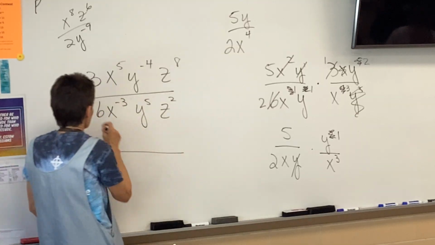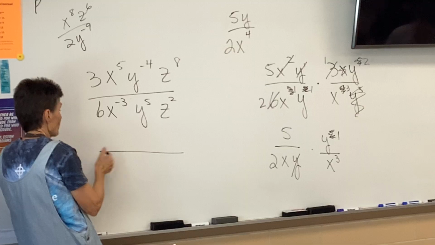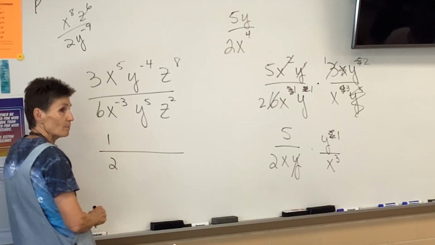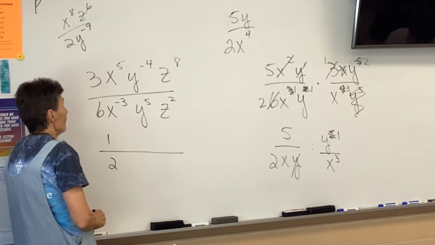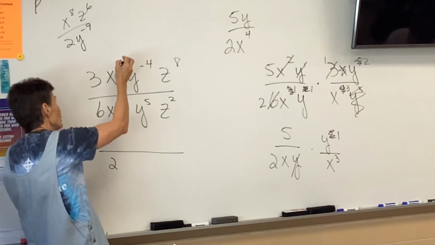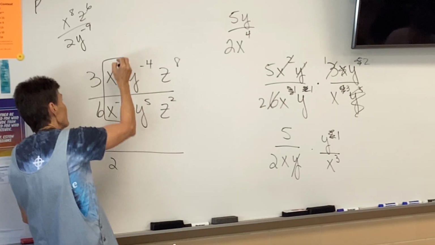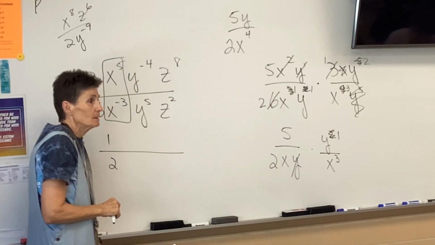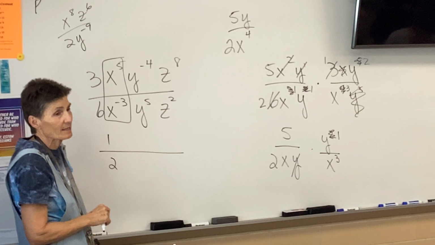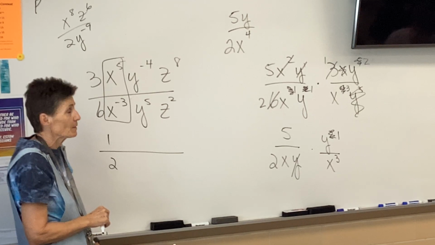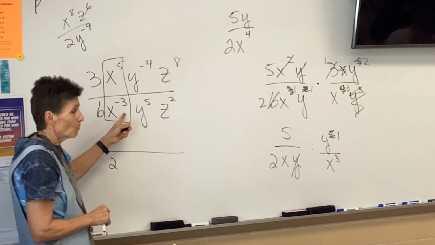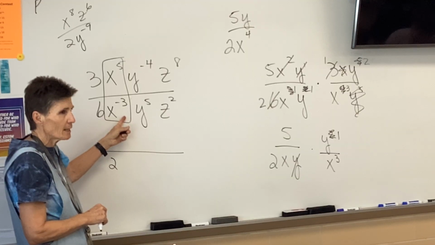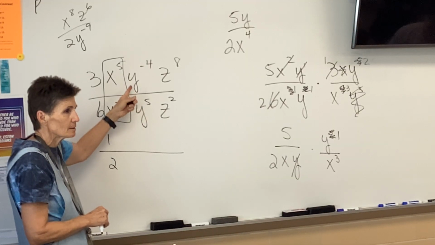First thing I notice is we have a 3 over a 6, so I'm gonna make that a 1/2. Is that alright with everybody? Yeah. Now, I'm looking at my x's, and I need to put them together. I need to combine my x's. What do I do with the negative exponent again? I move it.